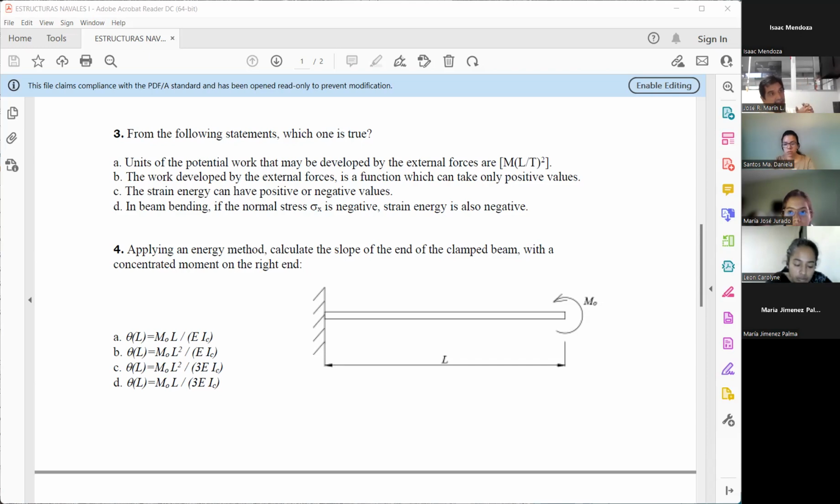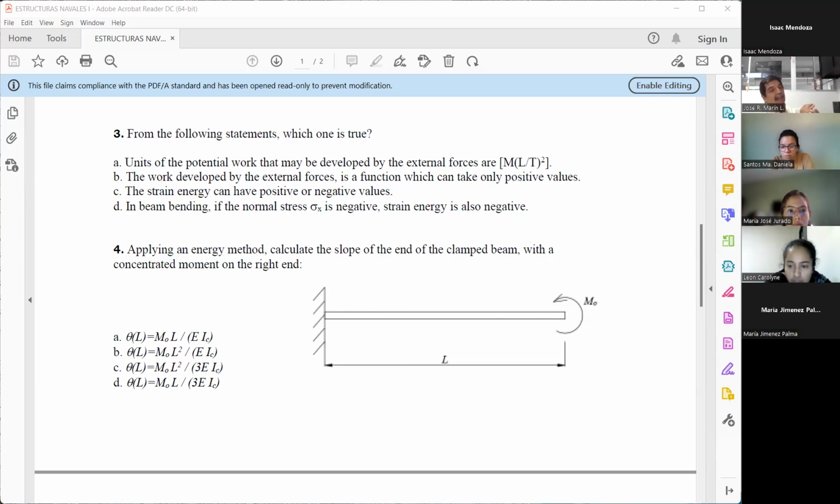Here, is the reaction a force or a moment? It will be a force. And you also have a moment.